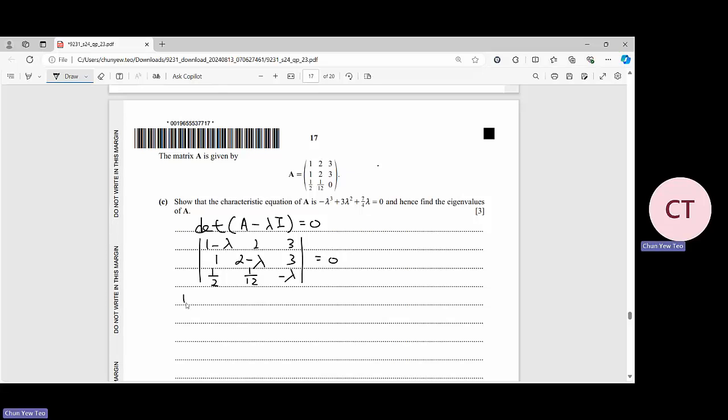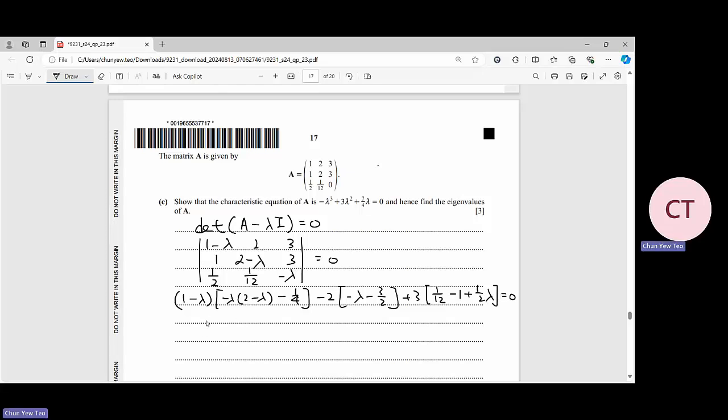Okay, so here you will get negative lambda (2 minus lambda) minus 1 over 4 minus 3 over 2 negative lambda, minus 1 plus half lambda equal to 0.